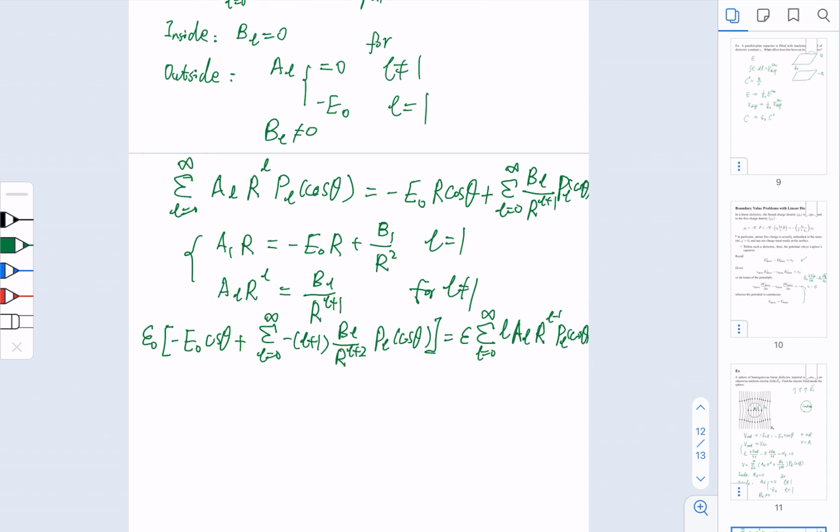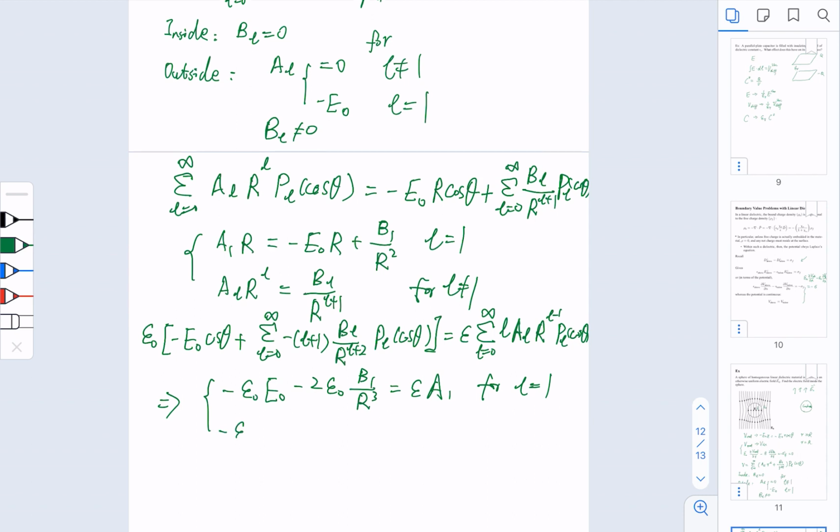Now if you combine these two boundary conditions, you can actually solve. This means that if you simplify the above equations for different L, again we have to write down one special condition for L equals 1, because there are additional terms for the outside solution in the L equals 1 case.